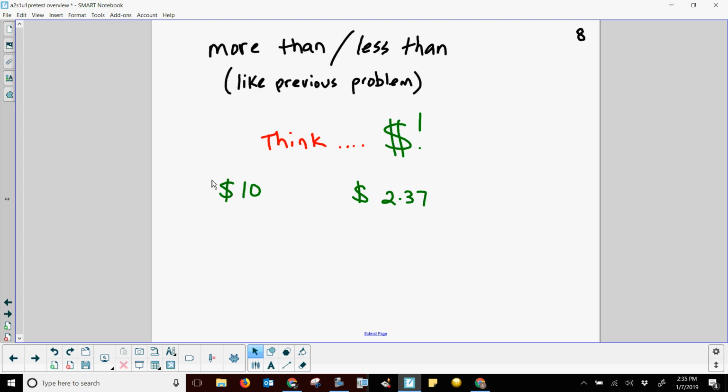Or do I need to be more than this? I need to collect more than $10 because $10 is how much something's going to cost, so I need to collect more than that in order to pay for it.